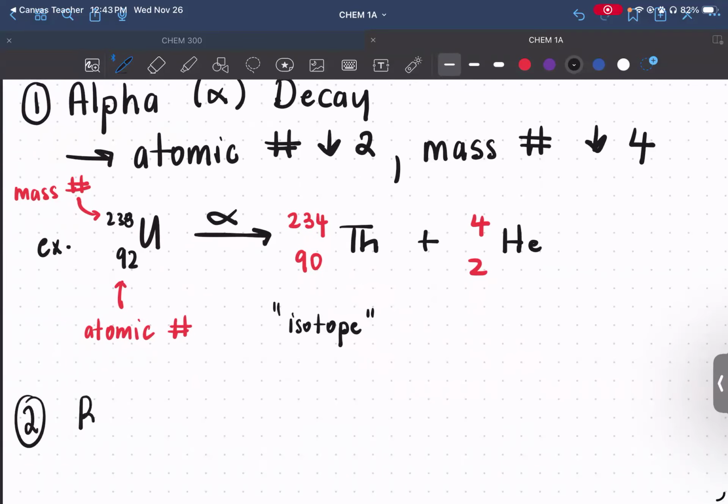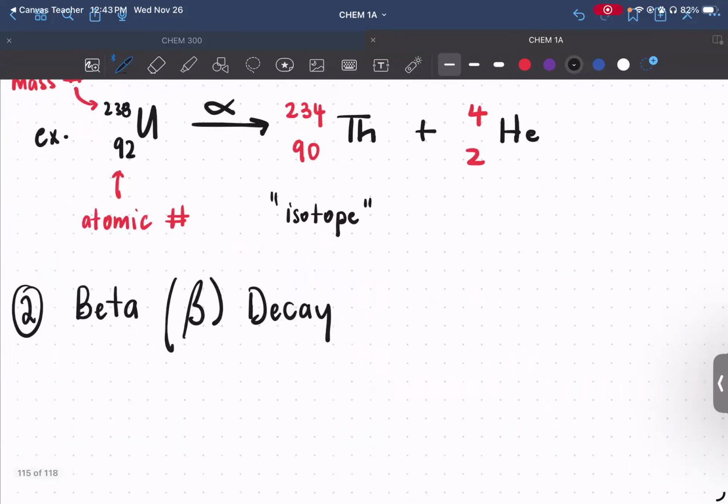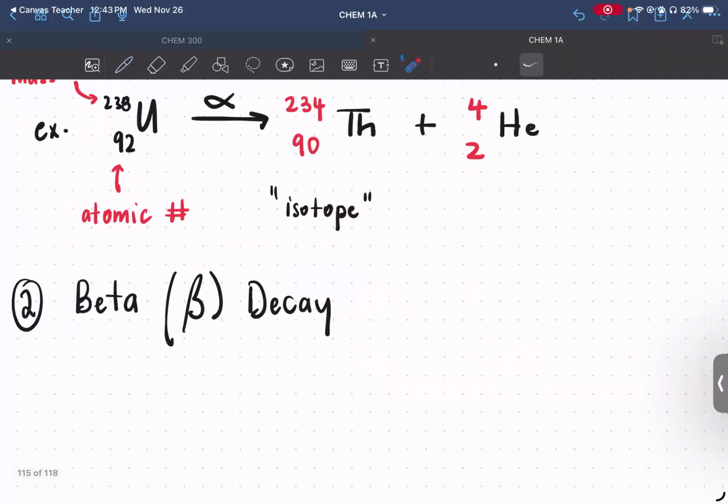Next up is beta decay, where again it has the symbol, the Greek letter for beta, which just looks like a cursive B, but a line just kind of hooks down like so.